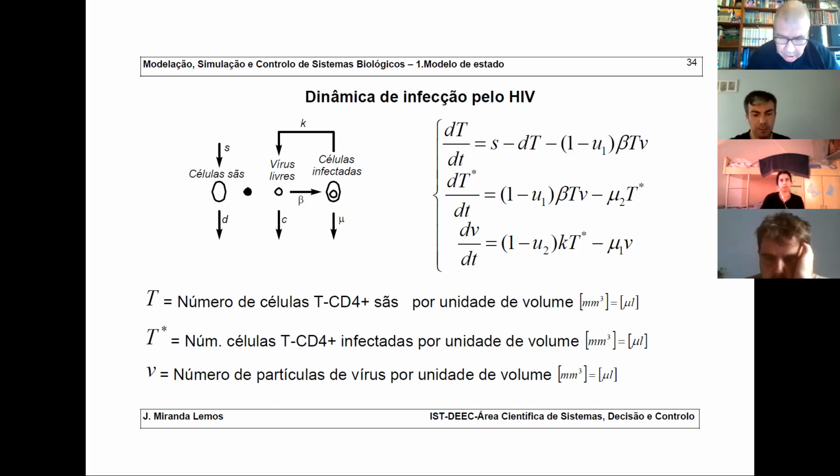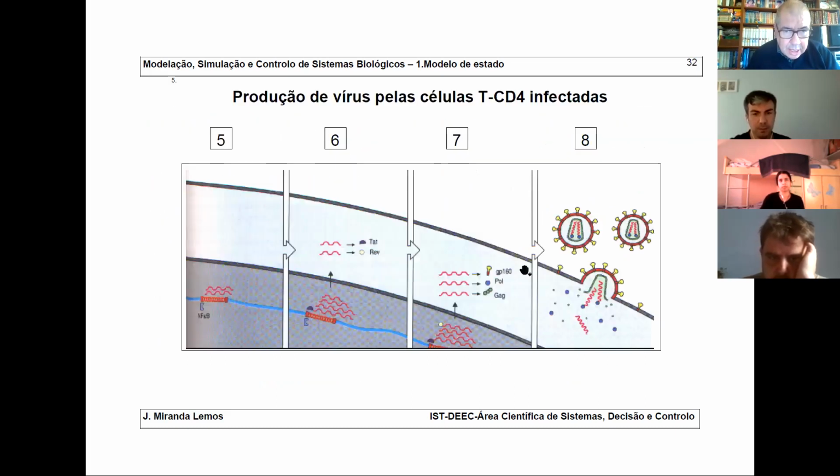So remember that the infected DNA of the cell started producing a number of pieces of RNA and proteins and enzymes. And then there is an enzyme that puts everything into a virus particle. And these drugs inhibit this action here.